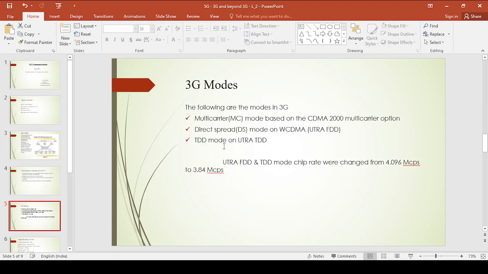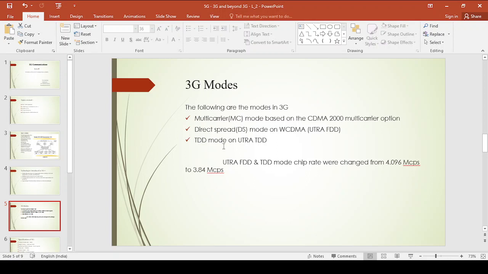These are two different methods to access the spectrum. If you are accessing the spectrum on two different frequencies, that comes under FDD. On different time slots, that comes under TDD.